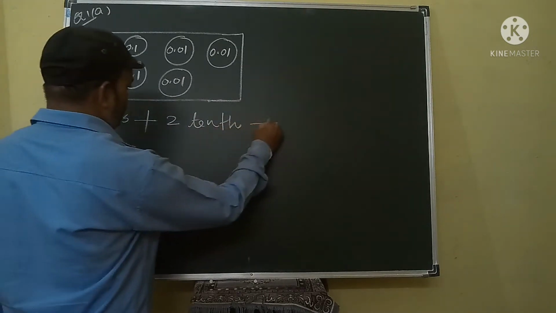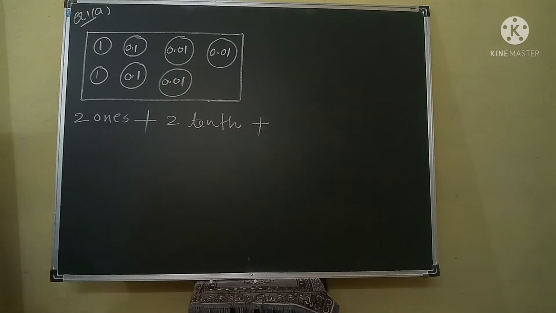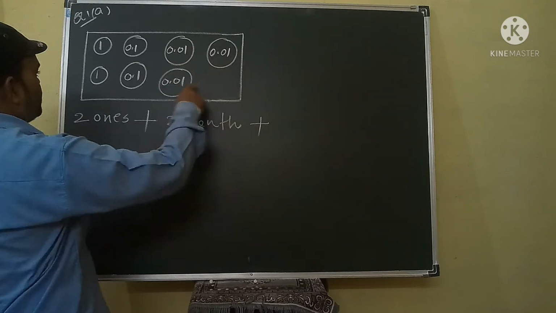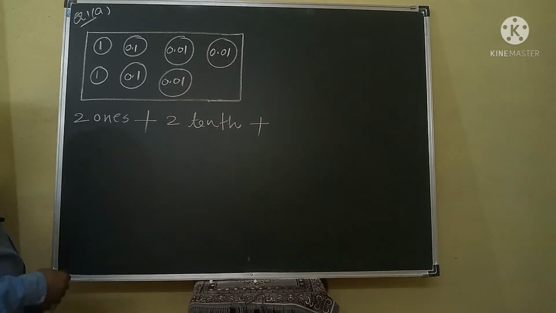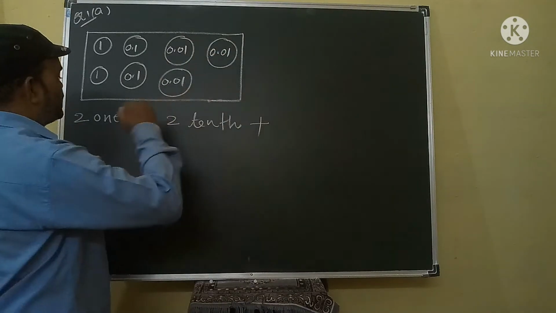Then after that, 0.01. 0.01 means hundredth. As you are looking, how many times is the hundredth there? The hundredth is there 3 times.